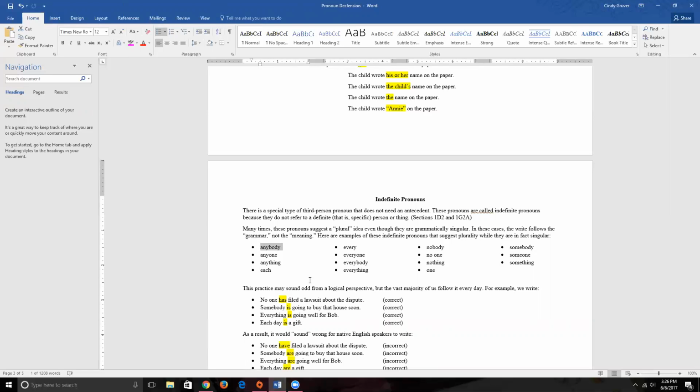The confusing thing for us about indefinite pronouns is that we have a division between the meaning of the word and the grammar of the word. Let's look for a second at the word everybody. When I hear the word everybody, I imagine a room crammed full of people.